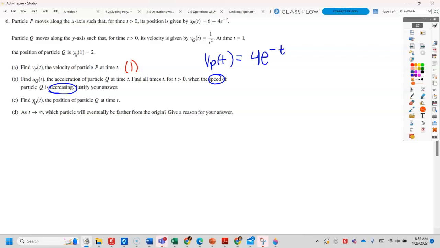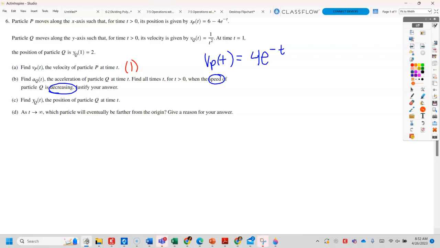Speed involves both what? Acceleration and velocity. So in order for your speed to be decreasing, acceleration and velocity need to have opposite signs. Exactly.